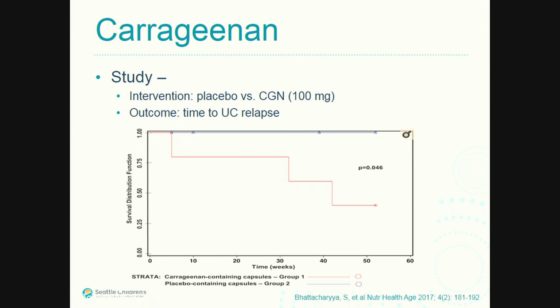So the reason why it's fascinating is that it took individuals who had ulcerative colitis who were clinically doing well. So they had no symptoms, they were not flaring, and then they gave them either placebo or carrageenan, about 100 milligrams. So what we probably all see in a day.